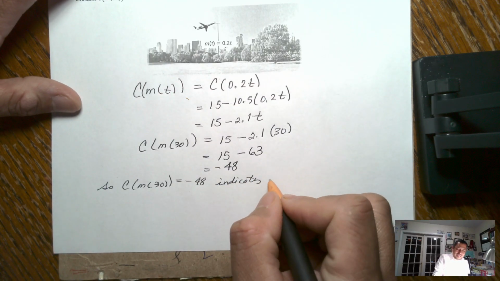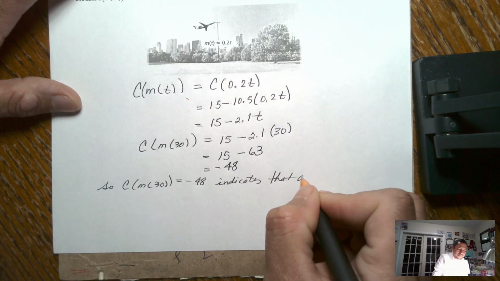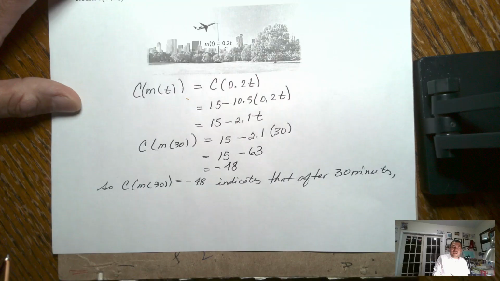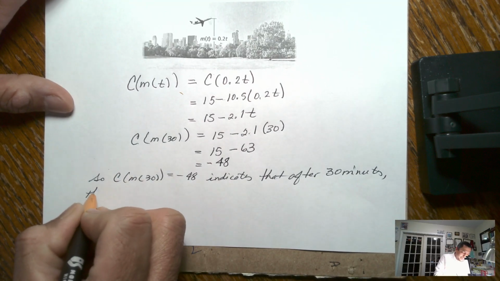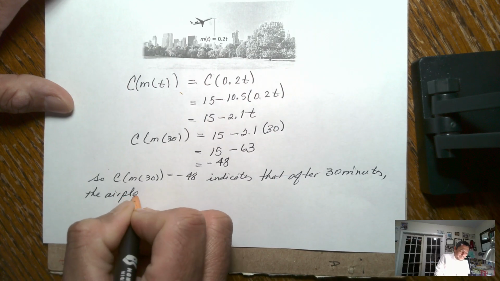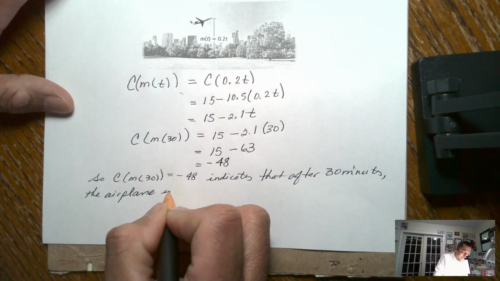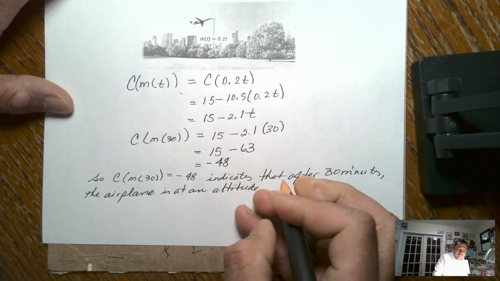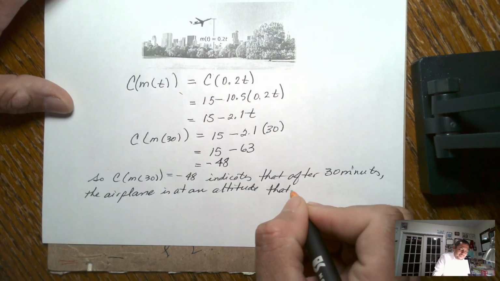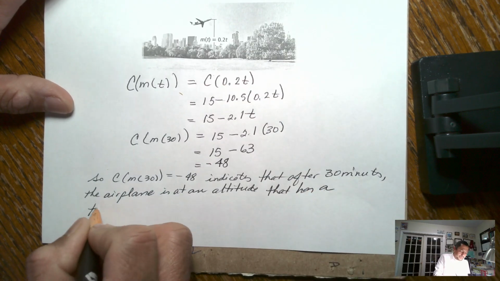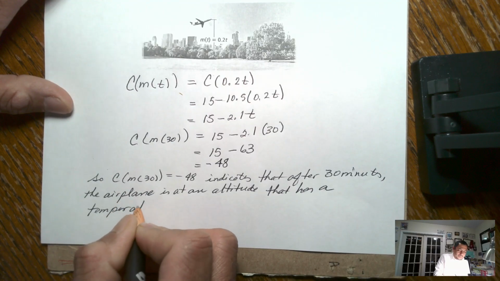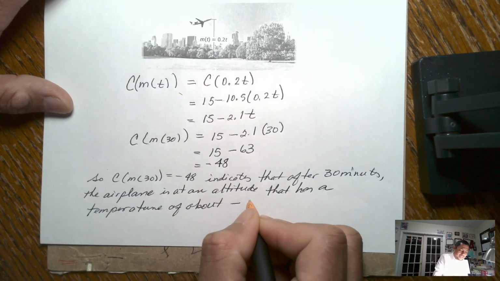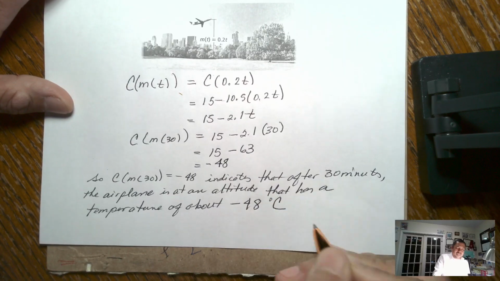in this case that after 30 minutes, the airplane is at an altitude that has a temperature of about negative 48 degrees Celsius.